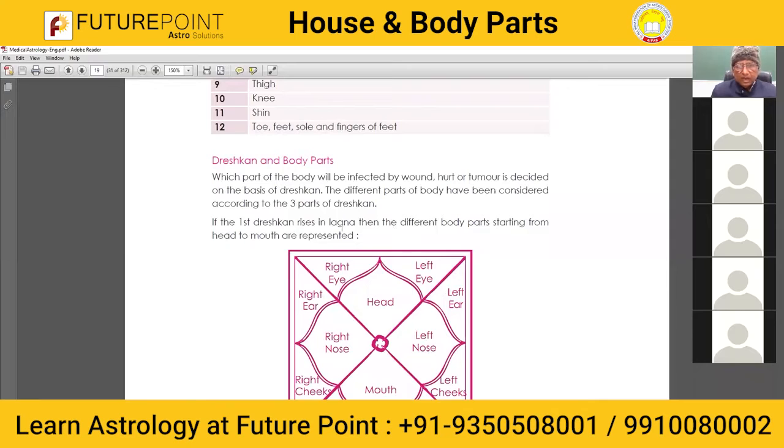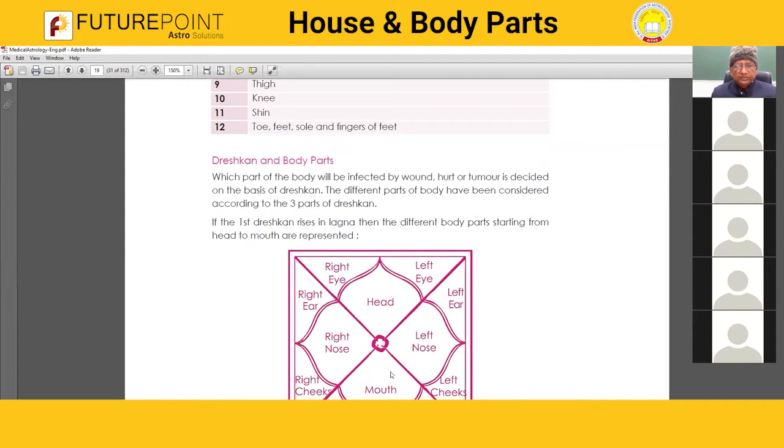So in houses, you can say that the whole body is divided into three parts. One is up to the head, the head portion. Head is here, right eye, left eye, right ear, left ear, right nose, left nose, right cheek, left cheek, then right chin, left chin, and mouth.